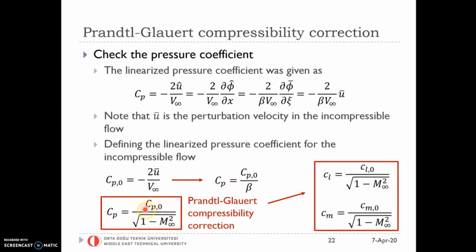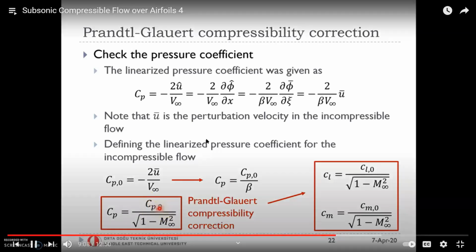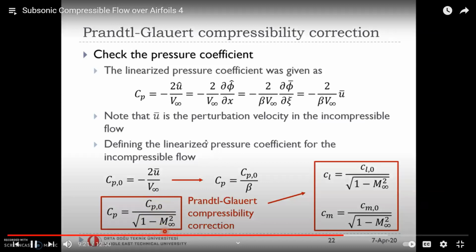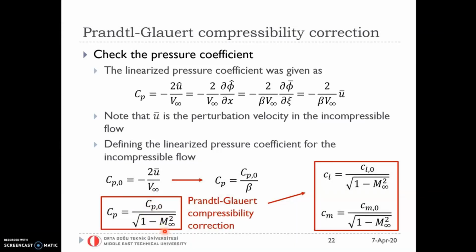which means that if you know the incompressible pressure coefficient for a point around an airfoil, which has to be for a Mach number lower than 0.3, and you want to calculate the pressure coefficient in a compressible flow regime, for a higher Mach number, but that Mach number should still be smaller than 0.7, then you can get it by using this relation.